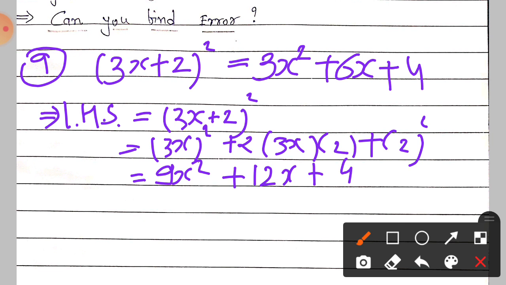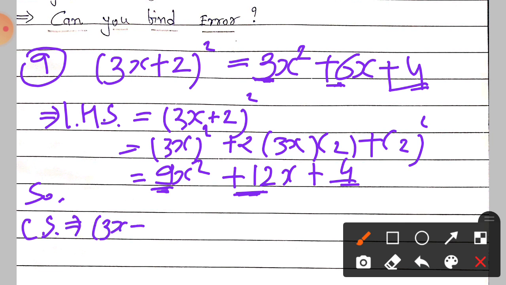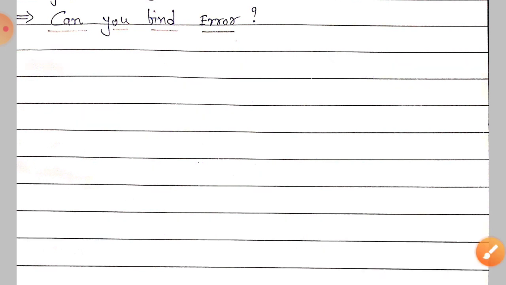So there is an error: here written is 3 but the answer is 9. Here written is plus 6, the correct answer is plus 12, and the 4 is correct. So there is an error in this question, so the correct statement implies 3x plus 2 whole square is equal to 9x square plus 12x plus 4. Correct? So let's move on to the next question.